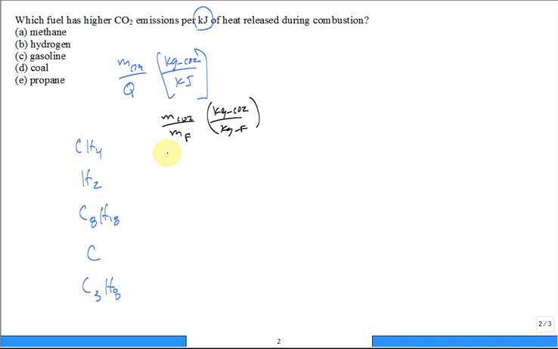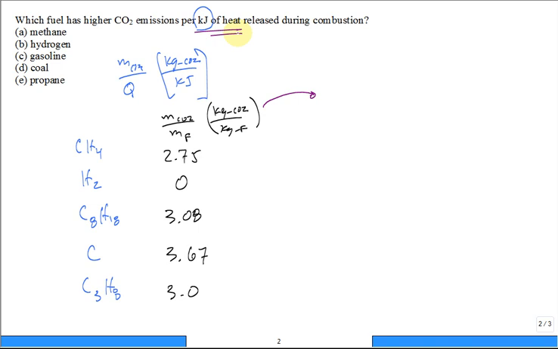For methane, it was around 2.75. For hydrogen, 3.08, 3.7 or 6.7, actually 6.7, and about 3.0. But I want a different number now. So how do I take this information and move it to the CO2 emission per kilojoule of heat release?